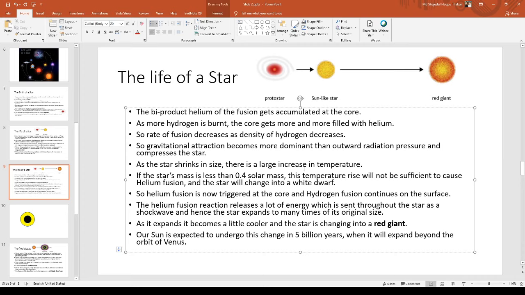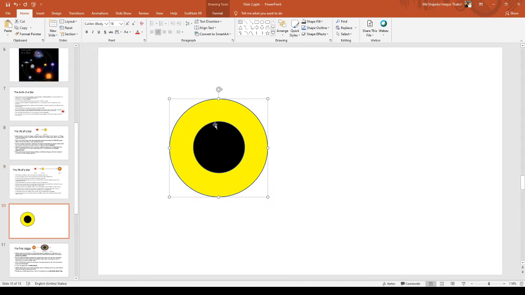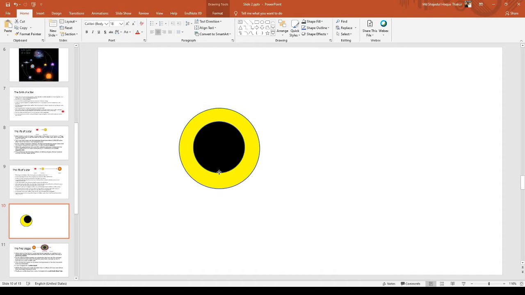Now there will again be more collisions. Right now it looks like the density of hydrogen is very small, right? But if this star itself becomes smaller, this will also get smaller in the same proportion.